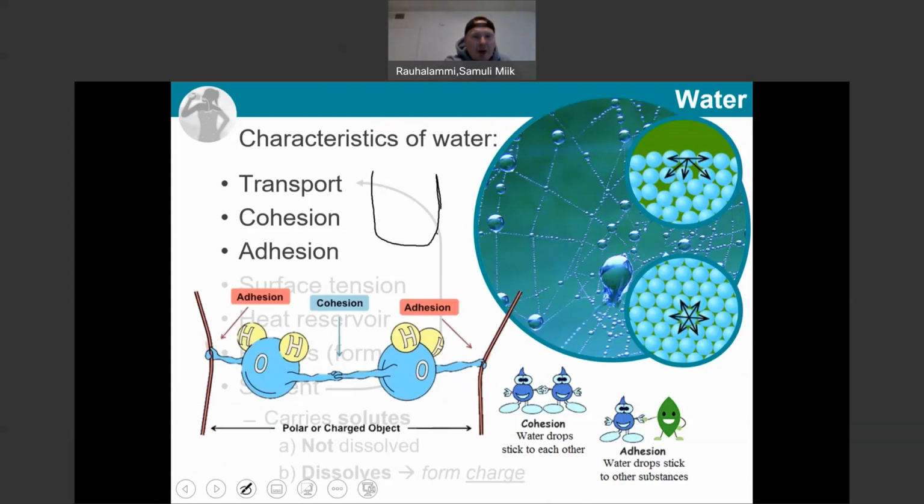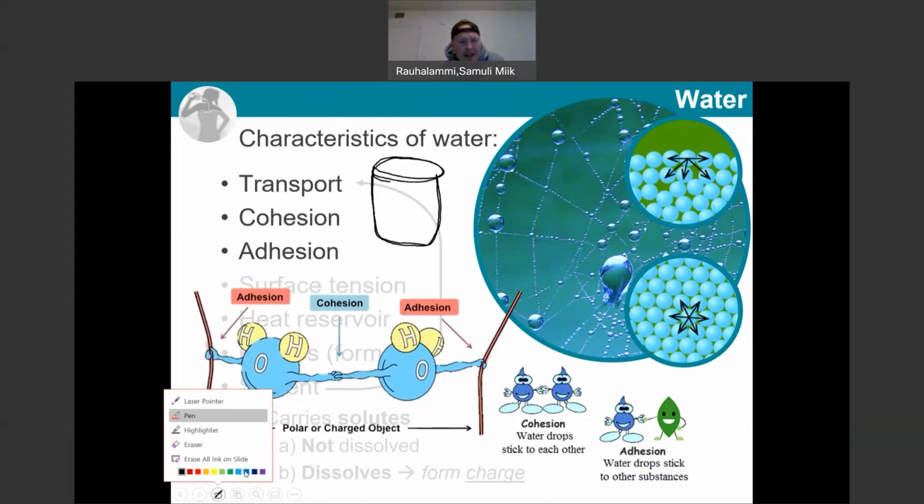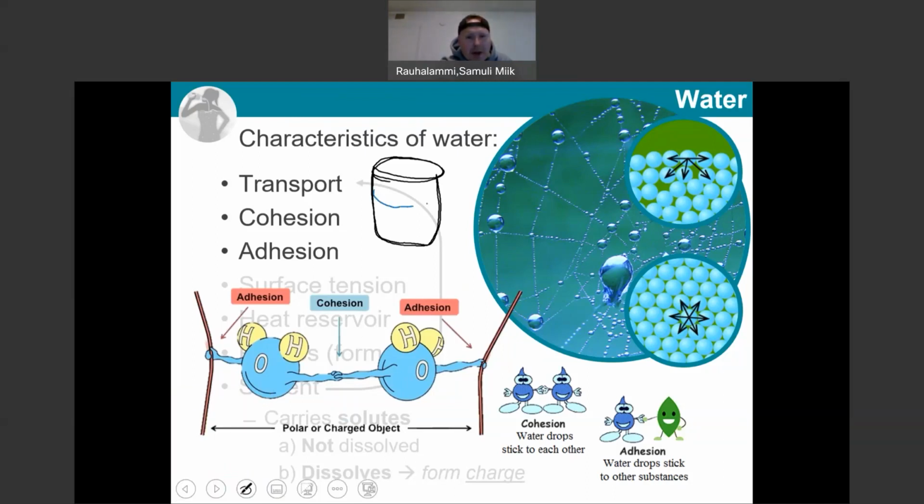This is just a side view of a drinking glass, and when you have some fluid in there, let's say water, and some of it is used, we can see this concept of adhesion, the water sticking to other surfaces, kind of climbing a little bit up on the sides of the glass as you keep drinking more and more out of that glass. So that's the adhesion sticking to the walls of the glass we're using as an example.